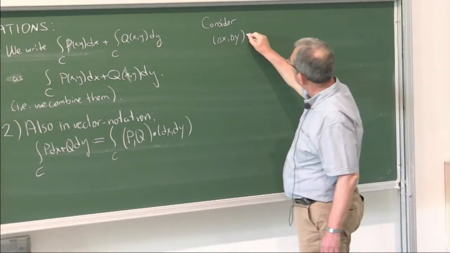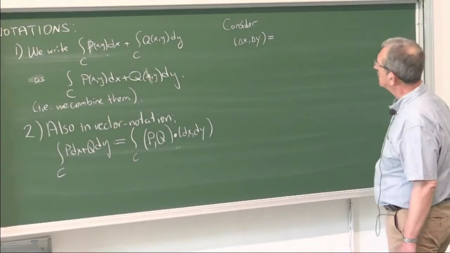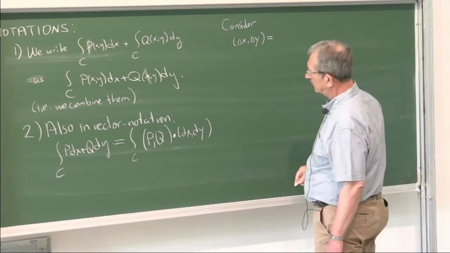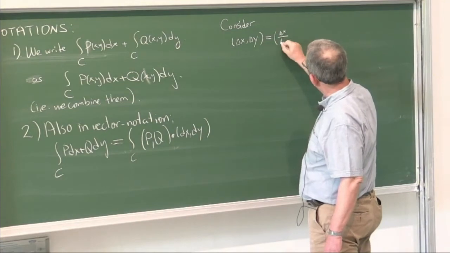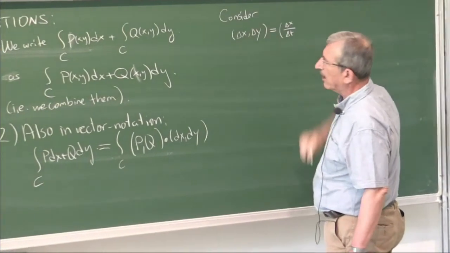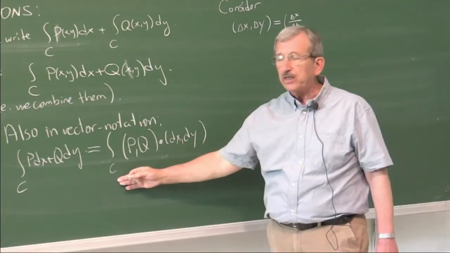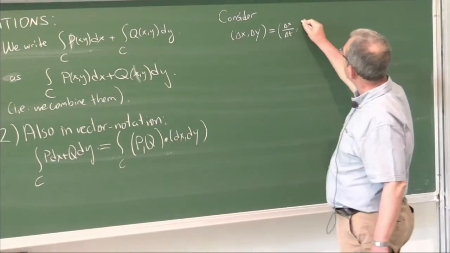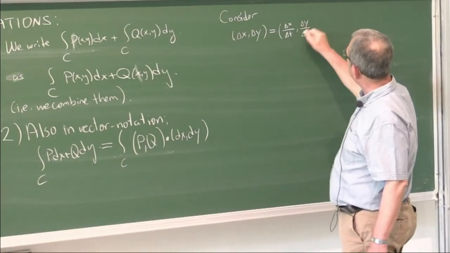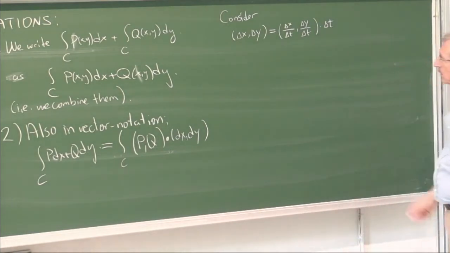We can write this as delta x over delta t, assuming they are functions of t, because after all, in the representation of C, we will write x and y as functions of t, and delta y over delta t, times delta t, which is perfectly all right.